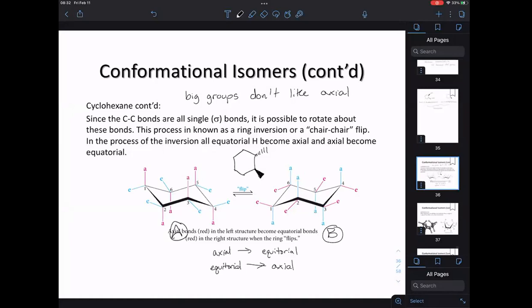And I want you to tell me whether you think the A or B conformation is going to be more favorable for this particular molecule. This would be cis-1,2-dimethylcyclohexane.